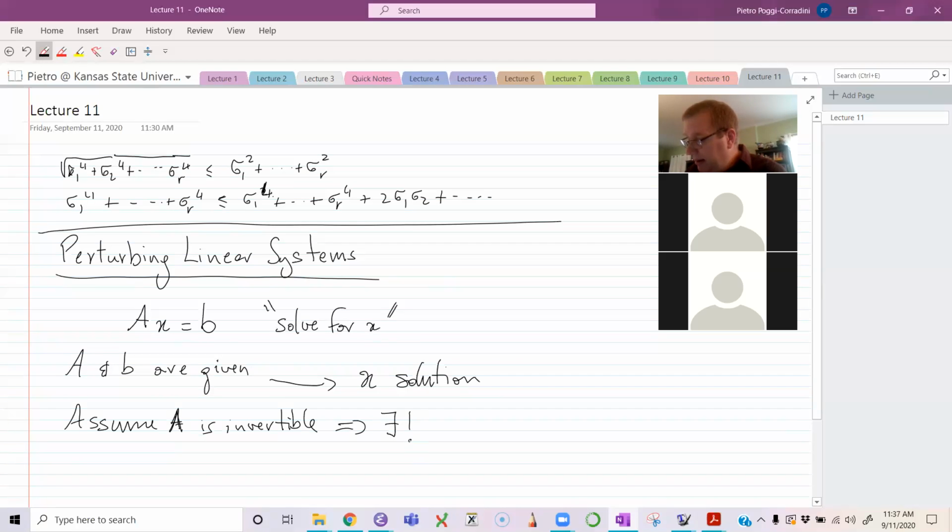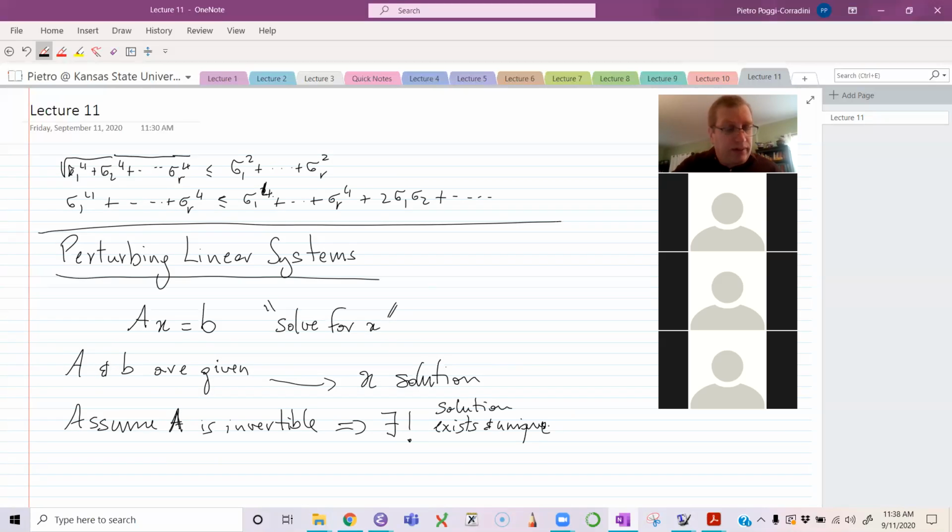In math, exists unique, we write like that: backward E with an exclamation point. So far, so good. All right.